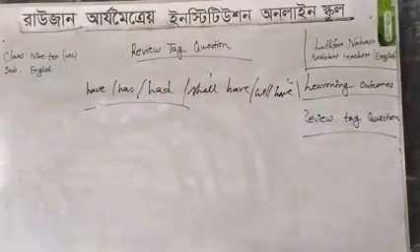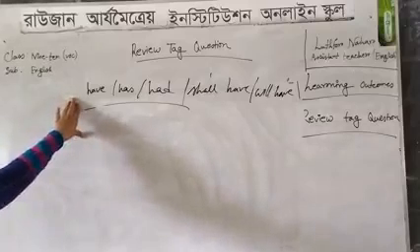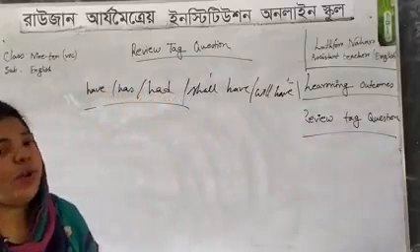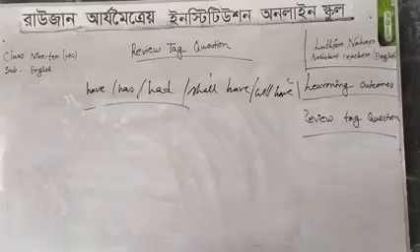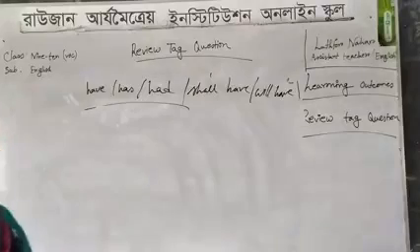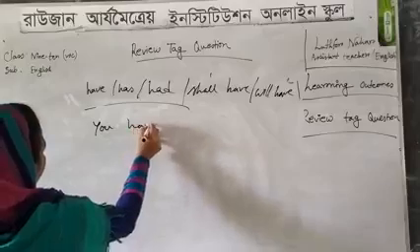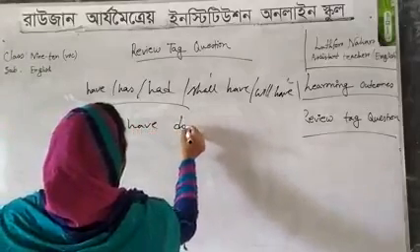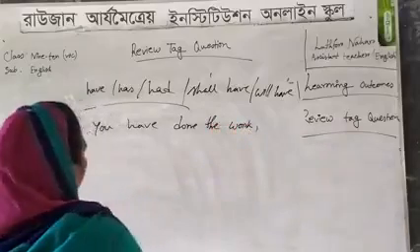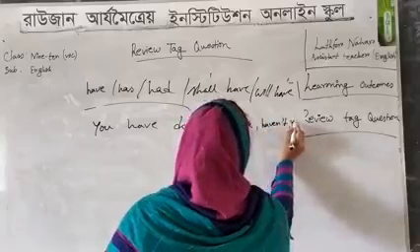So in present, past and future perfect tense, you will find have, has, had, shall have, will have. Then you have to use haven't, hasn't and hadn't in the tag question. For example, you have done the work, haven't you?